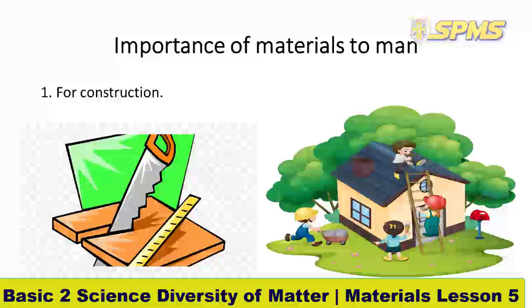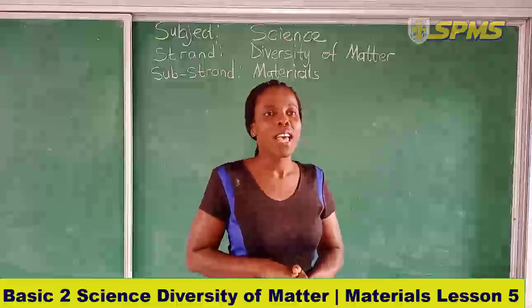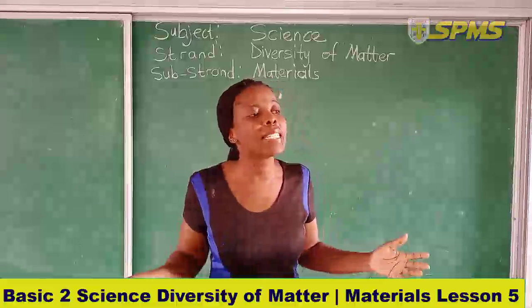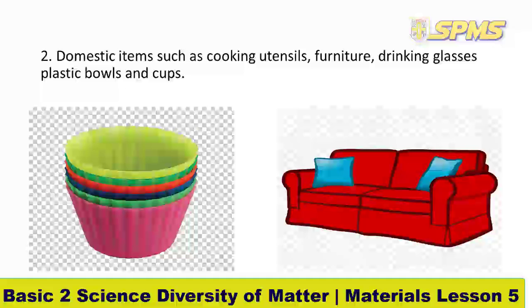So you see people trying to put a house with different kinds of material just to make life comfortable for us, to have shelter to live in. So is it not a benefit to us? Good. What again? Yes. So materials help us get domestic items such as cooking utensils, furniture, drinking glasses, plastic bowls, cups, and many others. So it's helping us to get our domestic items.